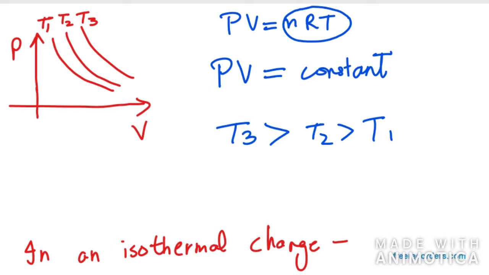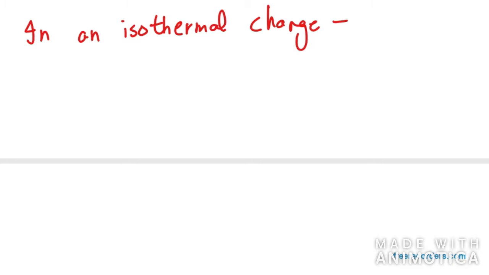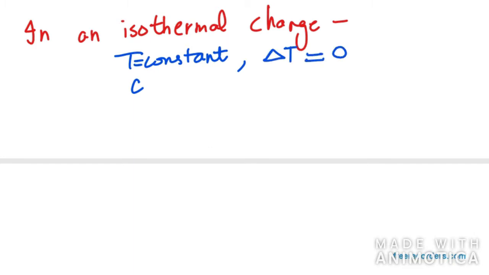Now, let us come to the next part, that is the specific heat of gas, denoted by C. As you know, in an isothermal change T is constant. So this basically means that del T, the change in temperature, will be 0.